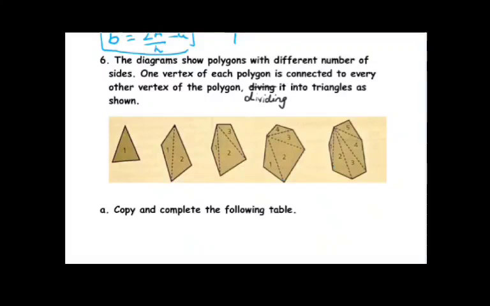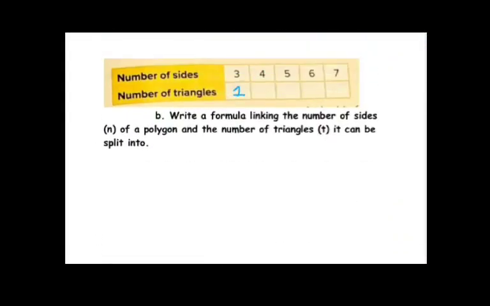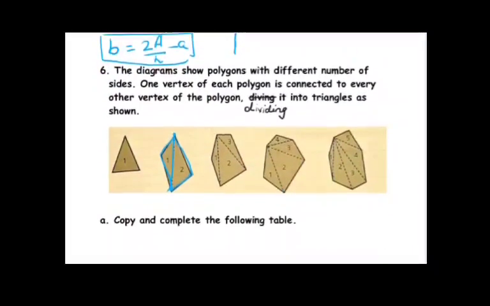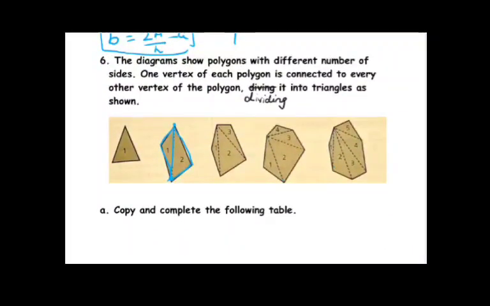If a polygon has 4 sides, 1, 2, 3 and 4, vertex connected to the other vertex, how many triangles does it form? 2 triangles. If the figure has 5 sides, 1, 2, 3, 4 and 5, how many triangles does it form? 1, 2 and 3. 3.